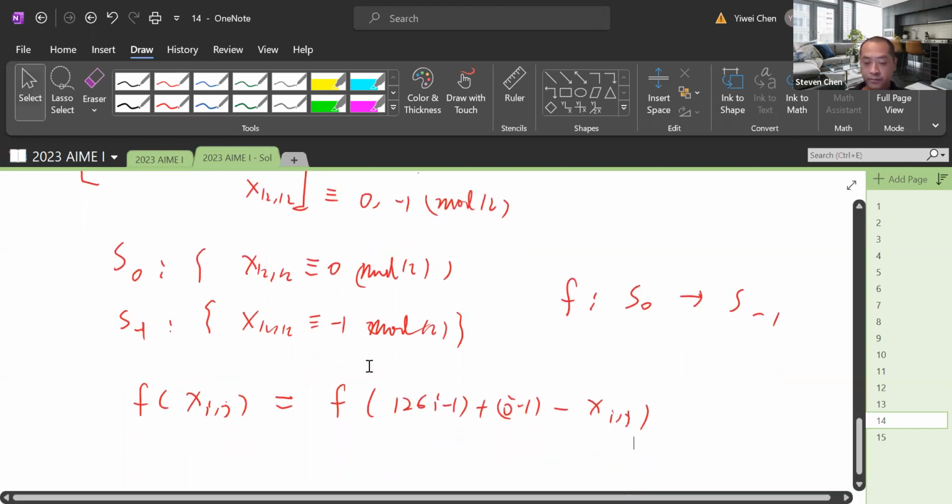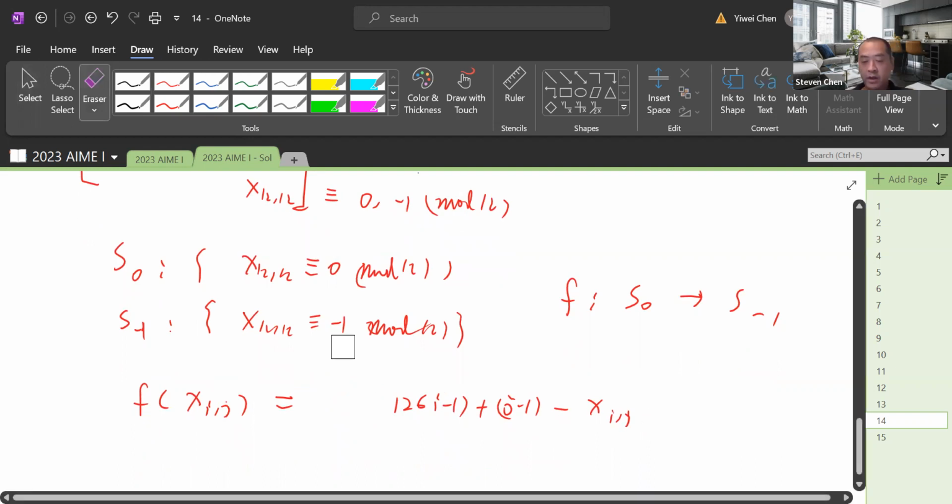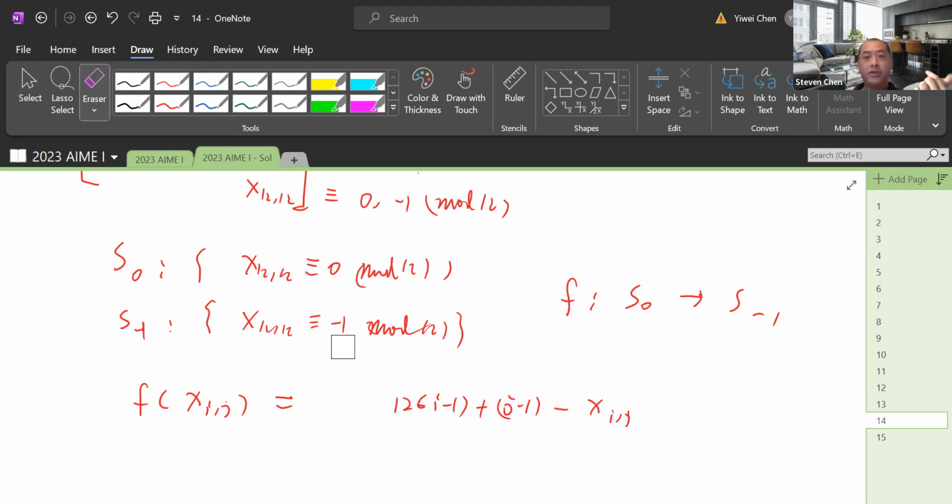For each sequence in S sub 0, you check out every entry, and I compute its functional value as this one. Then all these functional values will form a new sequence. I'm claiming that this new sequence actually is a feasible sequence in S sub -1.